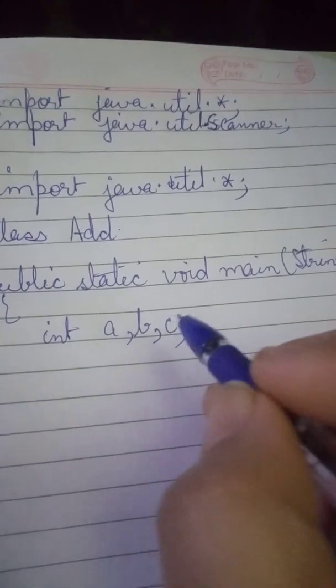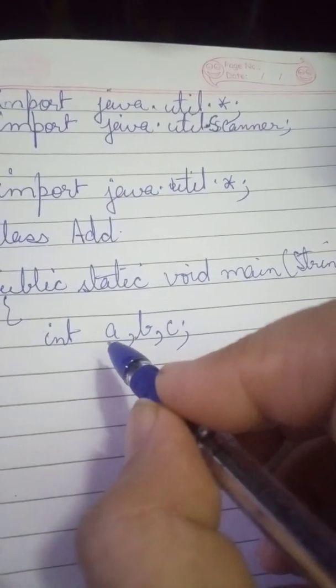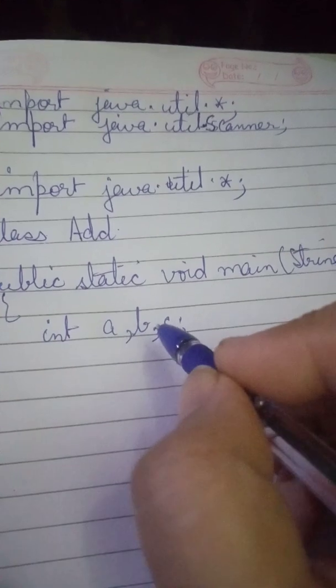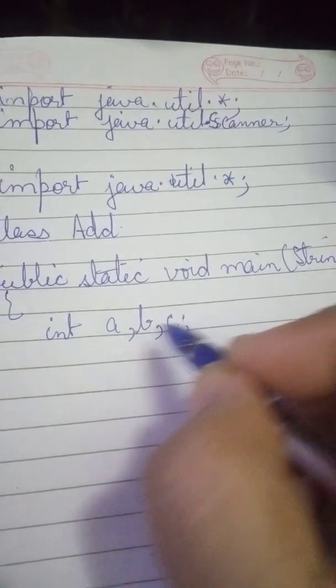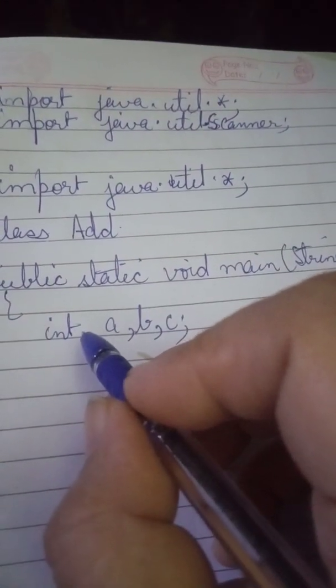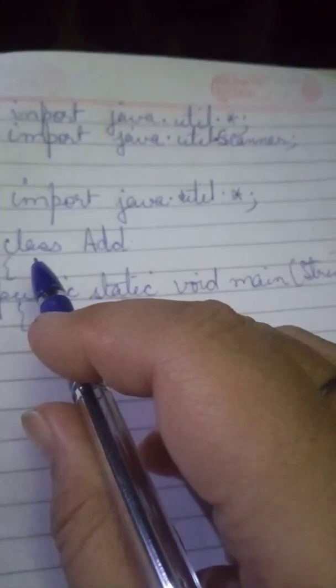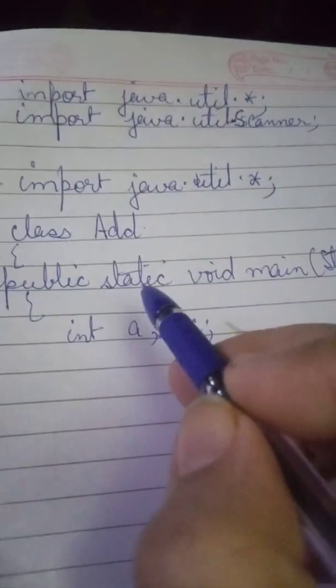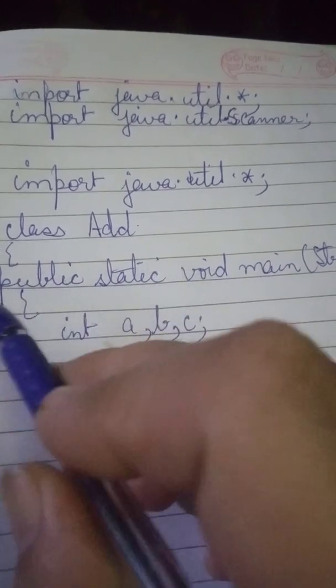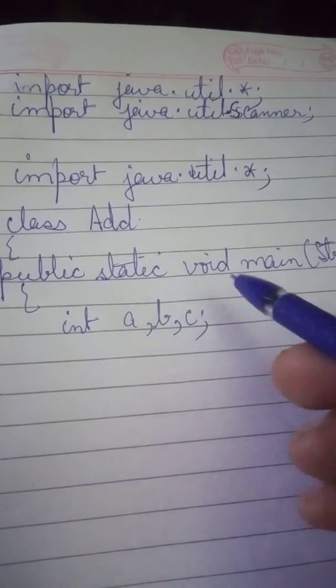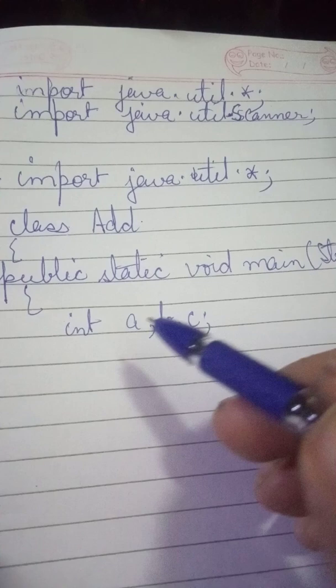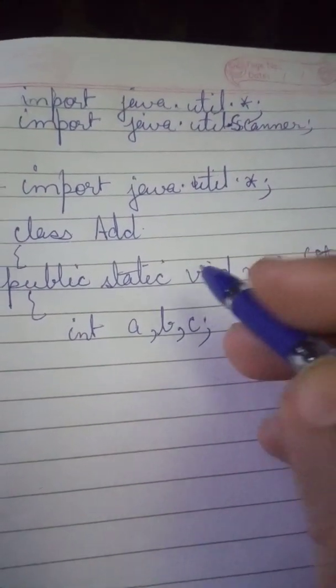So int a, b, c. A, B, C also are identifiers. Int is a keyword. Class is a keyword. Public static void is also a keyword, as we have seen in the previous video. And A, B, C are the identifiers.